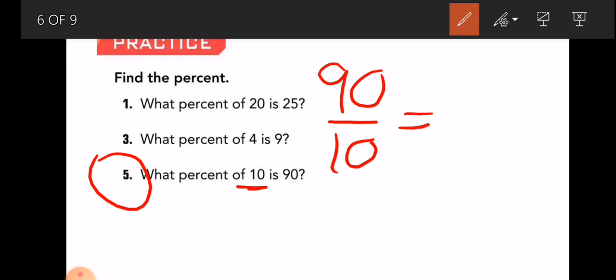So 90 to 10, what is it as a percent? It means what over 100? Here I can get the percent, using the proportions.